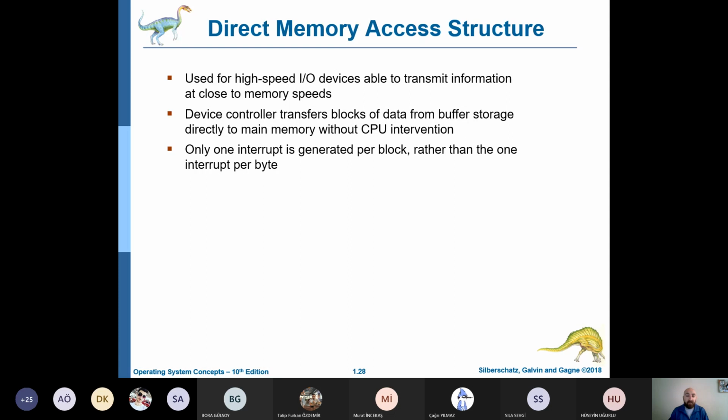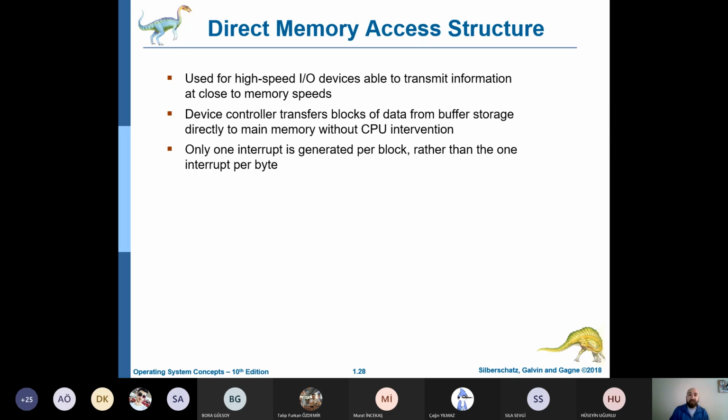So in I/O devices, the device controller transfers an entire block of data directly to or from the device and the main memory with no intervention by the CPU. Instead of sending the data to the CPU, then the main memory, the device directly transfers the data to or from main memory and then creates an interrupt.